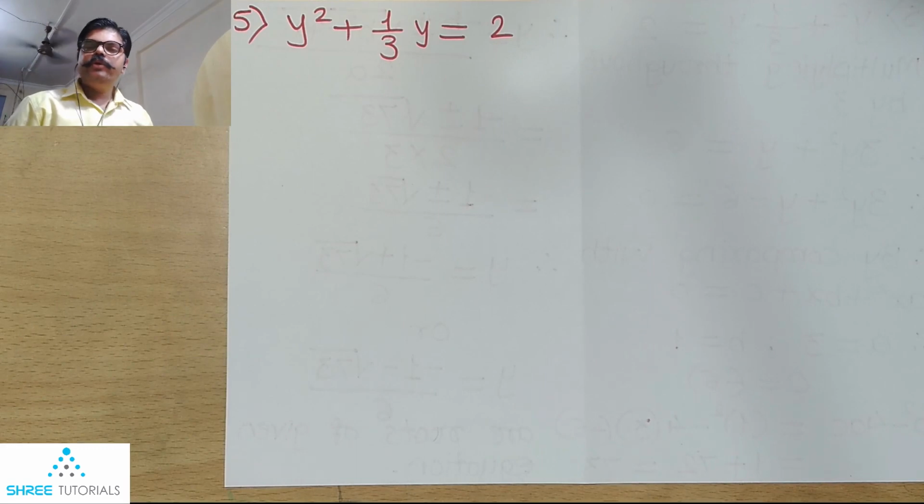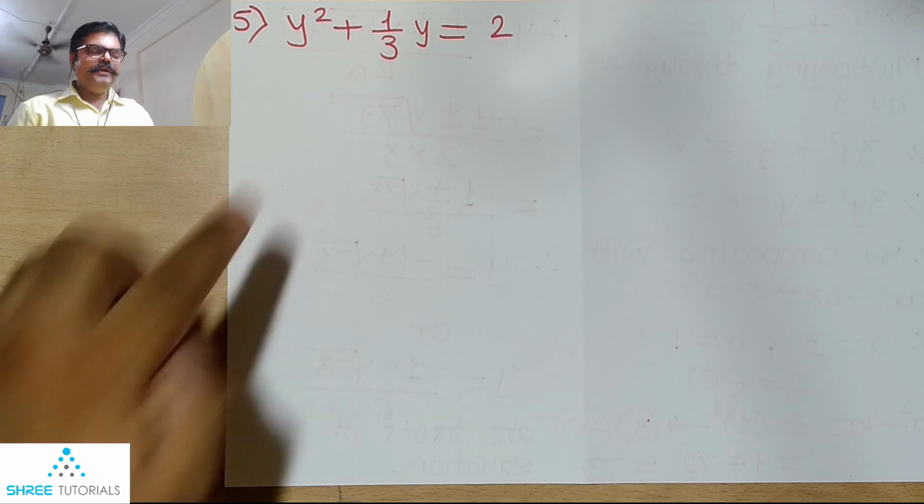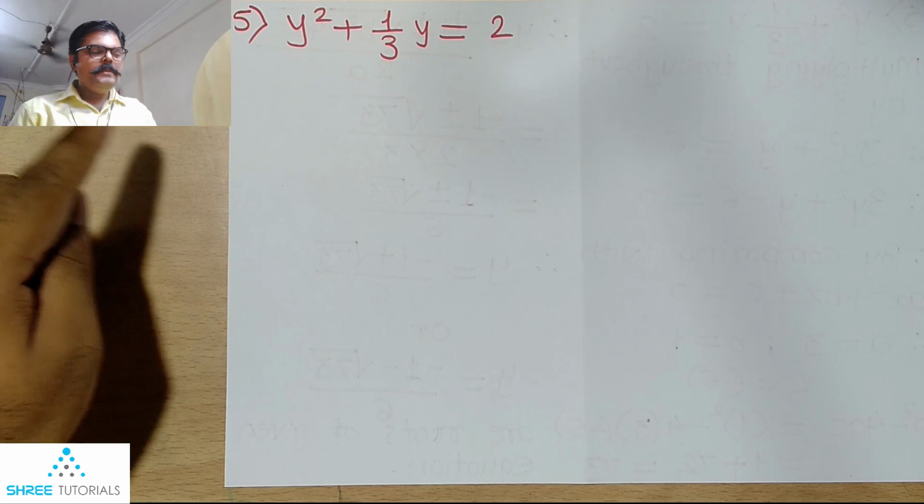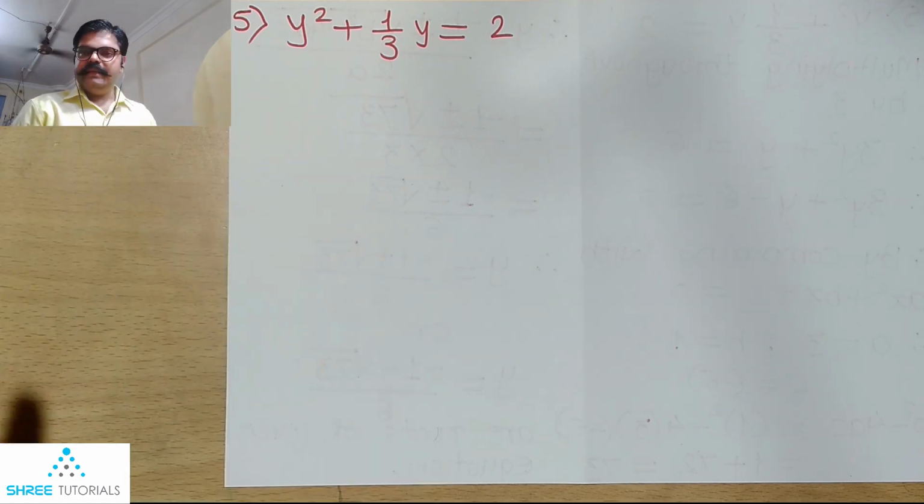Okay, now we are going to solve this problem. In this problem as well, by using the formula method, they have asked us to calculate roots of this equation. But before we go ahead, we have to get rid of this denominator, and for that purpose we will be multiplying this equation on both left hand side and right hand side by 3.